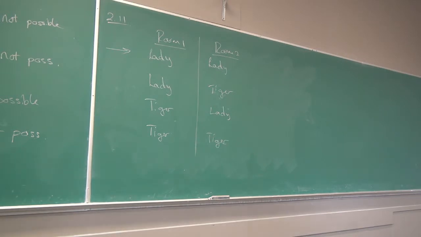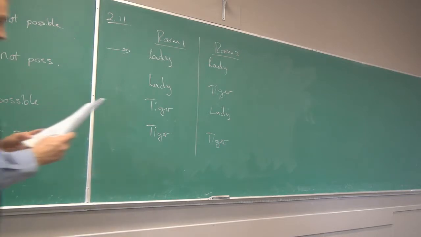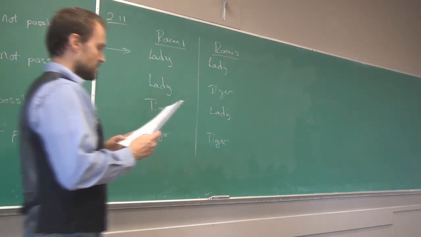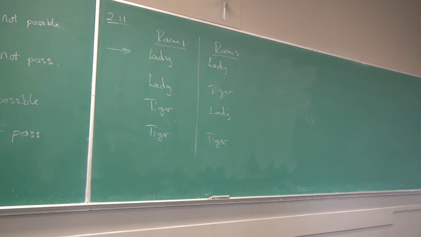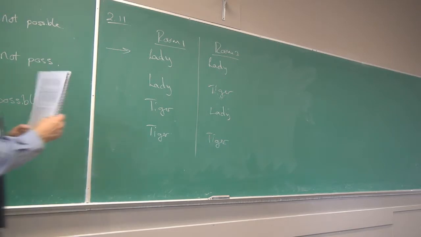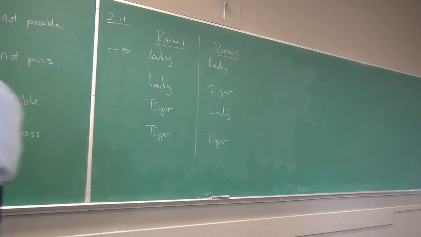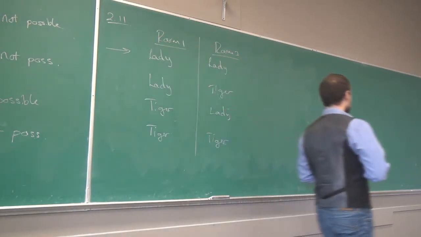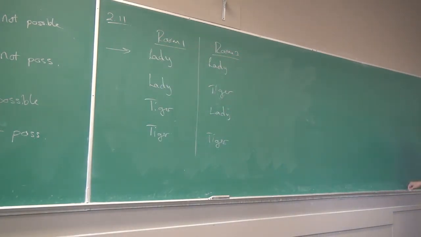Now I look. Door 1 says different things than in 2.10. A tiger is in this room, or a lady is in the other room. We haven't seen an or before. So let's just pause and look at that before we go too far into this exercise.